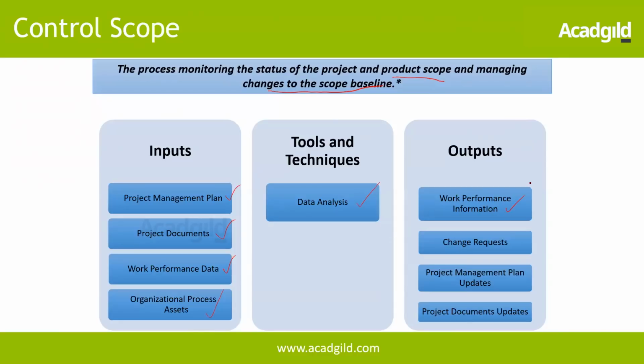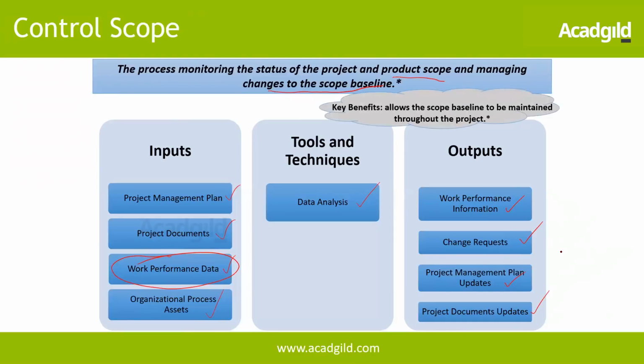Work performance data is an input, so work performance information is an output here. Then change requests, since we are in monitoring and controlling, if there is any deviation, project management plan updates, and project document updates. The key benefit is that it allows the scope baseline to be maintained throughout the project, which means no unnecessary changes are creeping in.